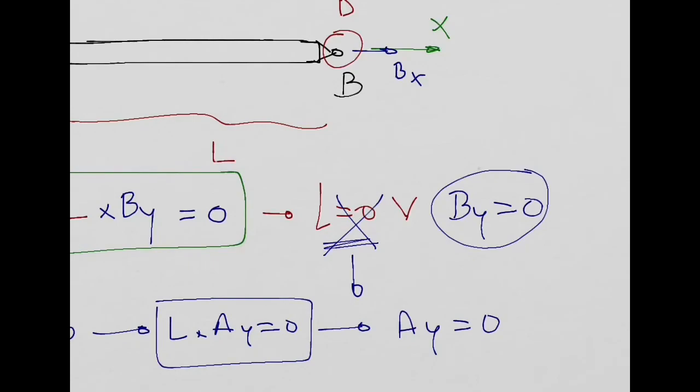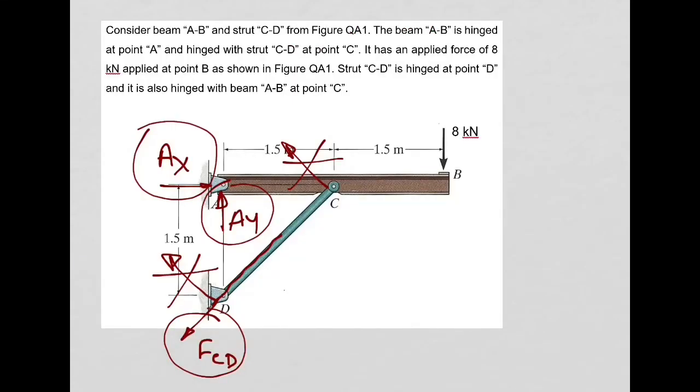So, if there was a hinge at C, at B, would there be no AY as well? There is a hinge at D. But if there was a hinge at B, then there would be no AY? At B. Yeah, if there was a hinge there. But you don't have any support there.